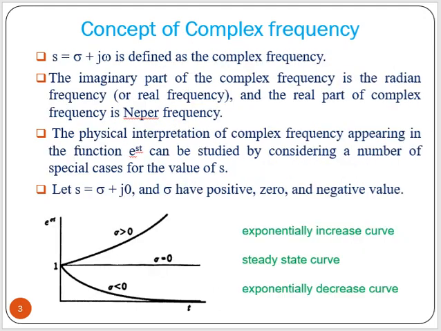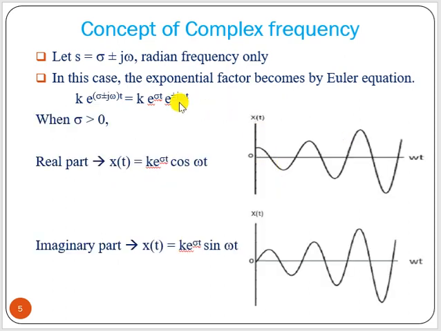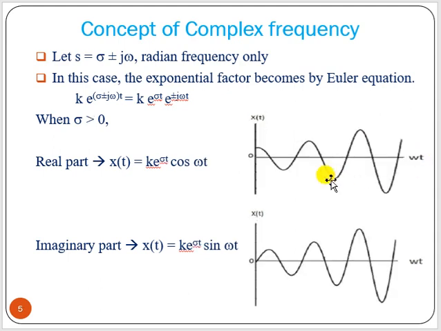Okay, and when sigma is 0, less than 0, greater than 0, we have seen the response for cosine and sine terms when omega is there. If sigma is positive, greater than 0, then the amplitude is continuously increasing, an oscillatory function, and when sigma is negative the amplitude is decreasing, so it will reach some steady state value, but when the amplitude is increasing it will go to infinity.